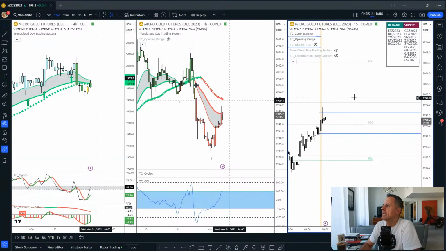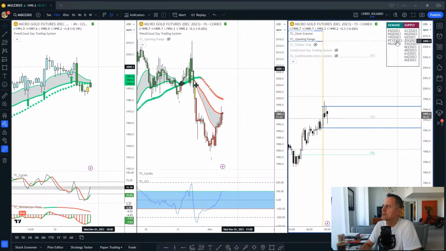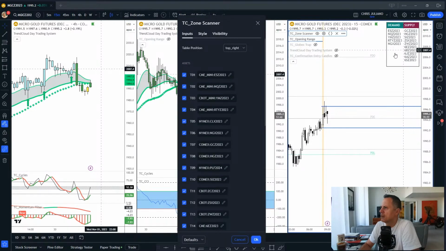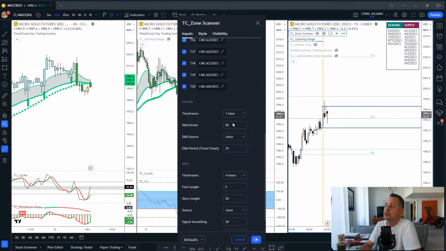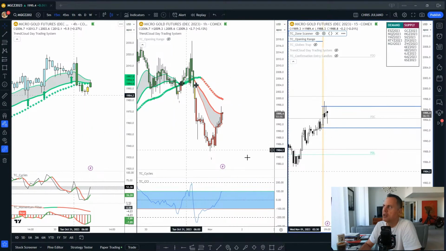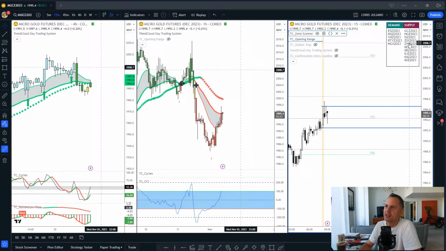So the scanner is going to pick up everything. You can hold 20 contracts, futures contracts in here, or stocks, forex pairs, whatever you want, and you set it to 1 hour for your trend, 4 hours for your momentum. And when that is in alignment with each other, it places it here.